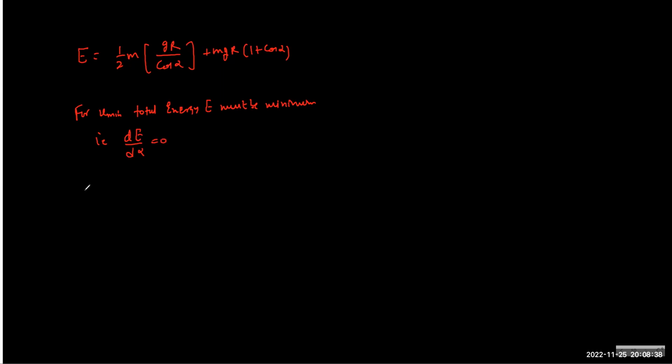And that will give you the answer. The dE by d alpha must be 0. Now differentiate and tell me the answer. How much are you getting if you differentiate?